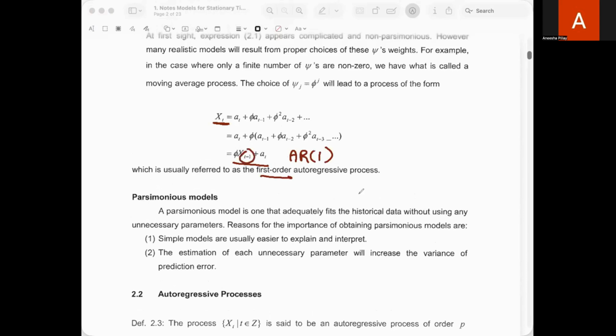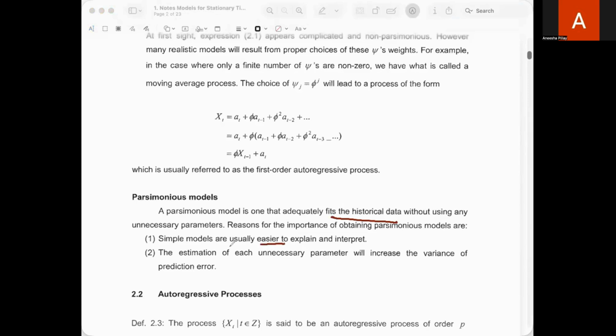So your first order. Okay, now when we talk about parsimonious, it means the model adequately fits the historical data, which means that you do not need unnecessary parameters, because simple models are easier to interpret, right?